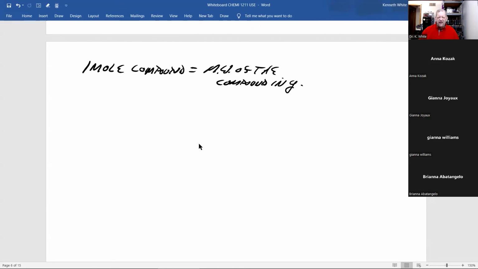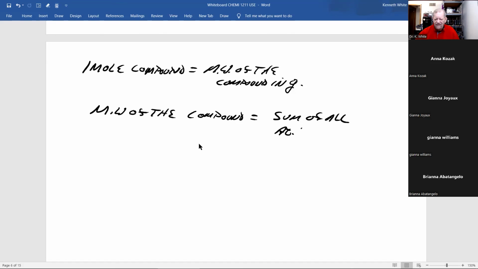I'm going to use the abbreviation MW for molecular weight. 1 mole of a compound equals the molecular weight of that compound in grams. That's what this G is. And the molecular weight of the compound equals the sum of all atomic weights, and I'll use that abbreviation AT.